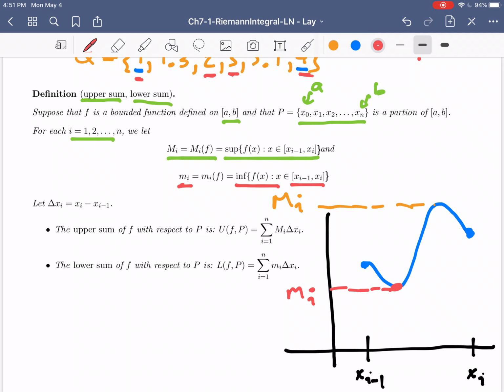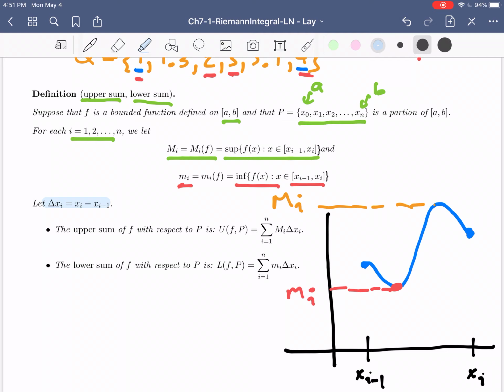So the other things that we have, we identify the width of the subinterval, right? So what is the distance? So that width of the subinterval, delta x sub i, for the ith subinterval, it is the distance from x sub i to x sub i minus 1, the distance between those x values.